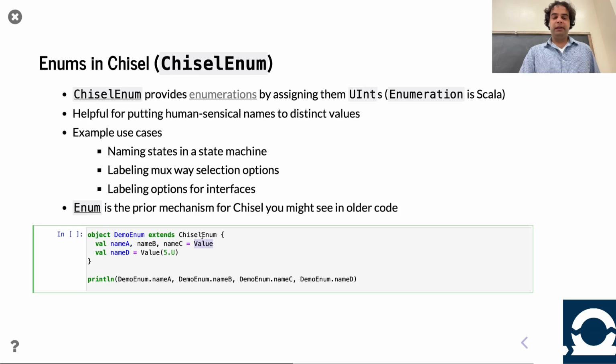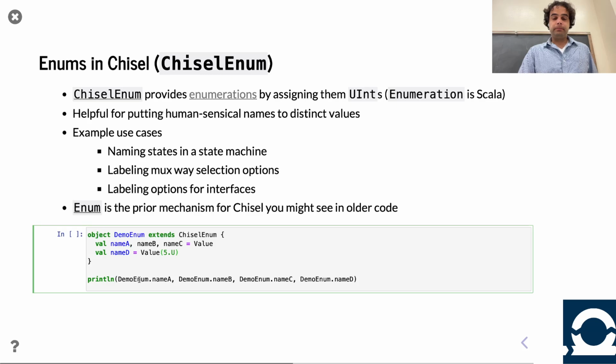This value comes from Chisel enum. If you want to set the value to a particular number, you can. You can assign it. You can have multiple ones per line. That's all possible. And so what do these turn into? Well, these enumeration values turn into UInts of the right size to hold the maximum value of that enum.